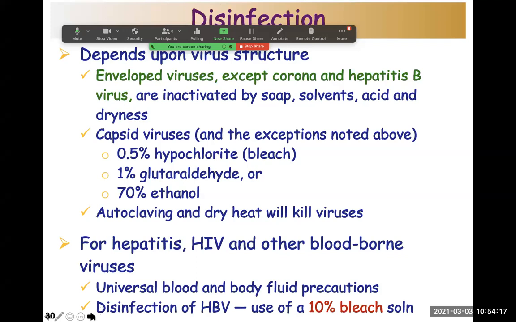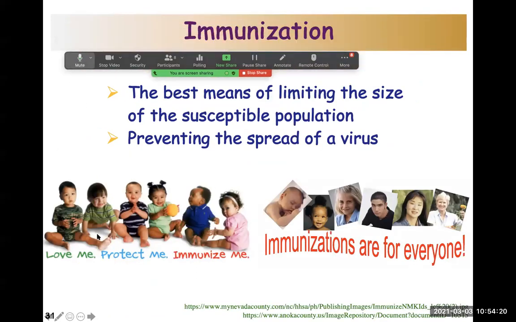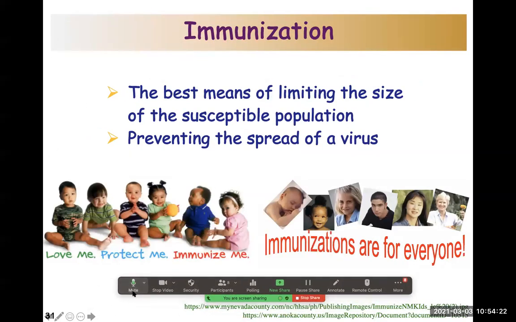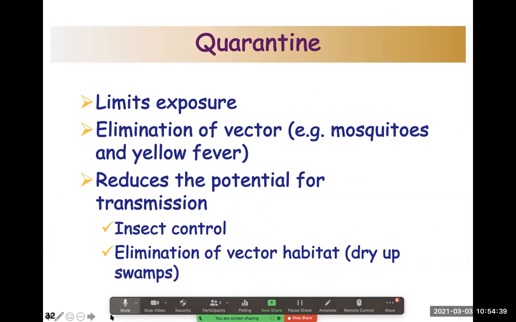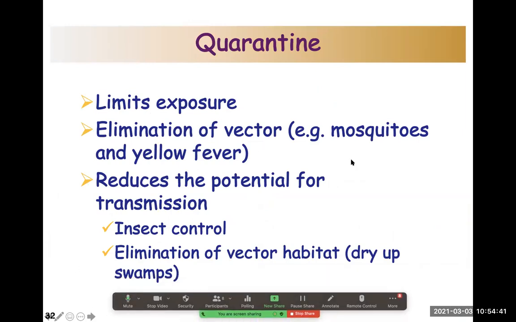And as I told you, I'm going to go a little bit fast. So the best way is to immunize. And we know that very well now with COVID-19. We are trying to immunize everybody in this country and in the world. This is how you would control the spread of the virus. It was very well known before COVID-19. And then, of course, quarantine is to limit the exposure.